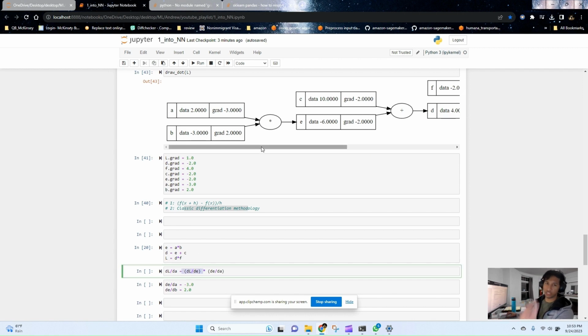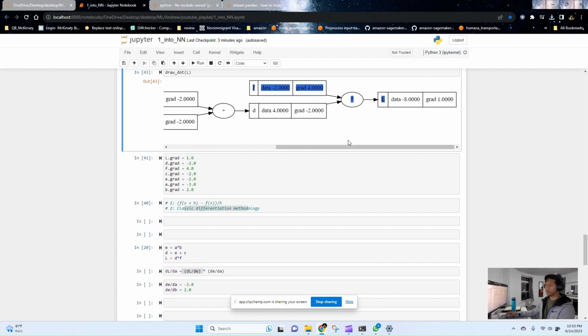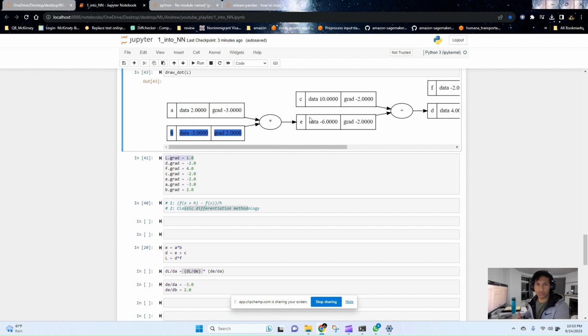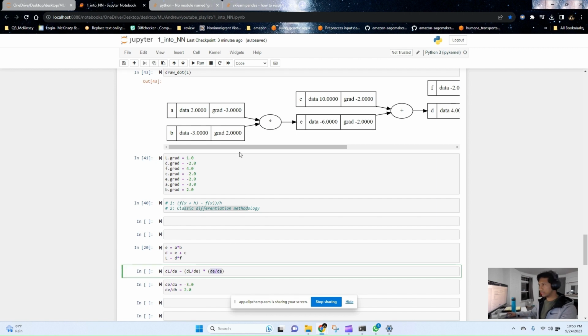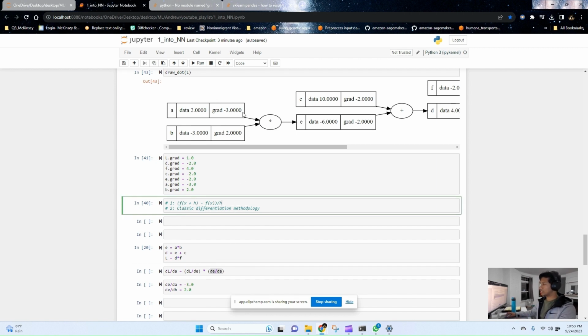How much does E change with respect to A? This is the chain rule that we discussed last time. In that way, we have calculated the gradients for each of the values present in our network, right?